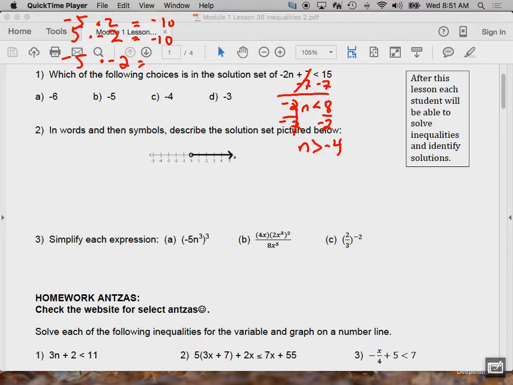If you did something that was really, really good, and you negate it, you've now made it really, really bad. And if you did something that was really, really bad, and you negate it, now it's what? Really, really good. So when you multiply by a negative, or divide by a negative, you are changing a positive 5 to a negative 5.